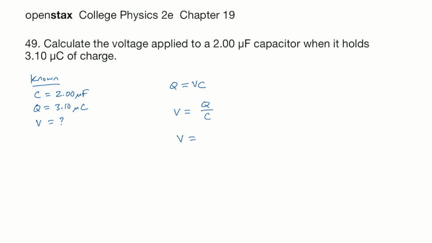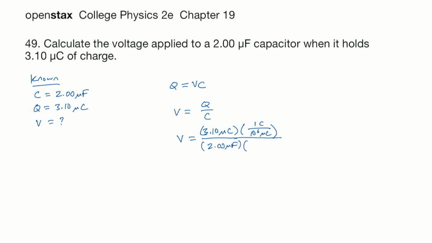We can substitute the numbers. Charge Q is 3.10 microcoulombs, and we will convert that. In 1 coulomb, there are 10 to the 6 microcoulombs. Okay, we need to divide by capacitance, 2.00 microfarads.